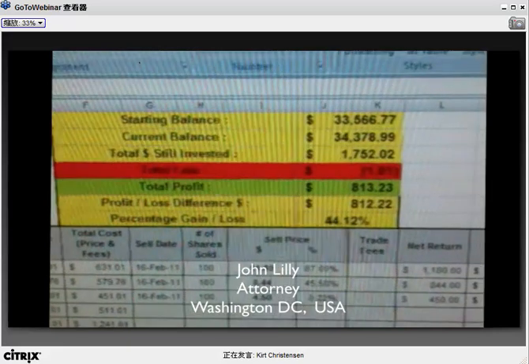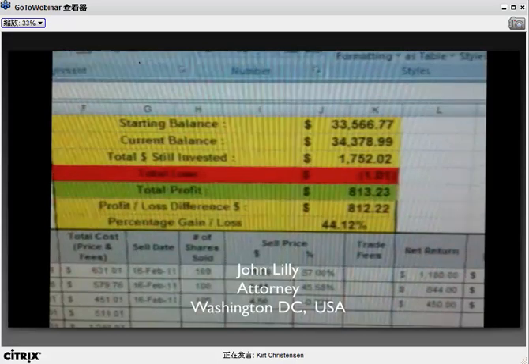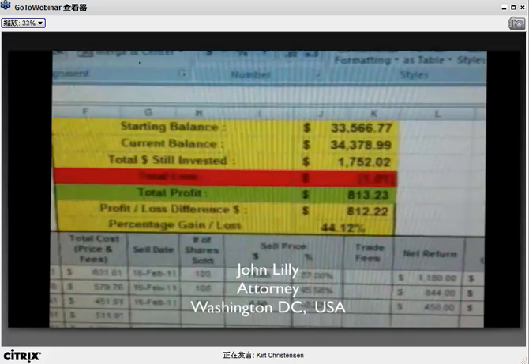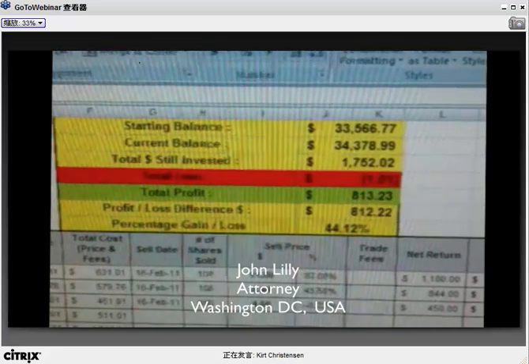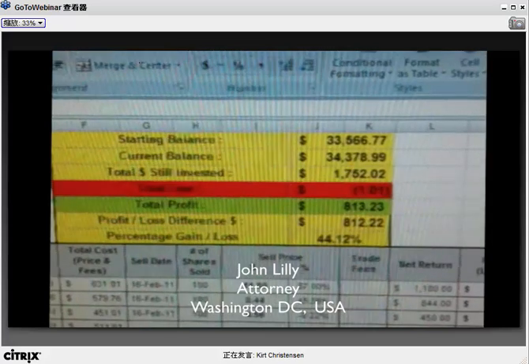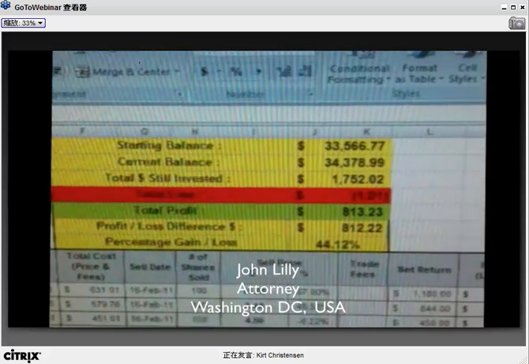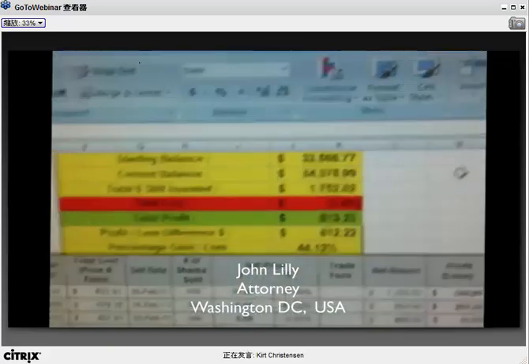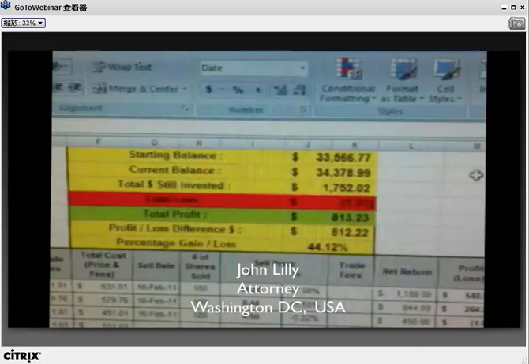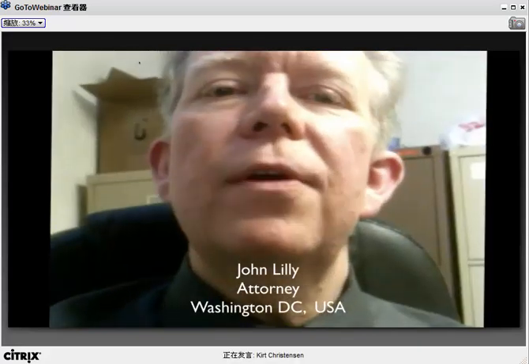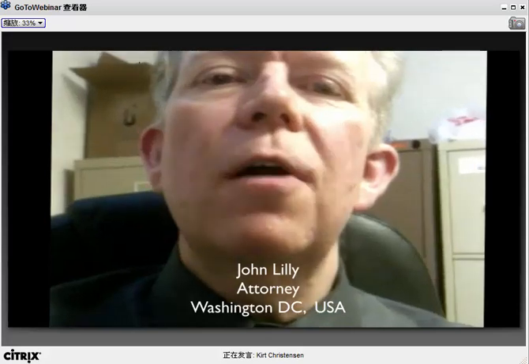And as you can see in the percentage gain and loss, I'm gaining 44.12 as of the 16th of February. I began using the program, and I've been very pleased with the progress of the program so far.